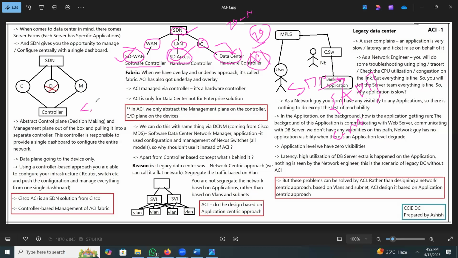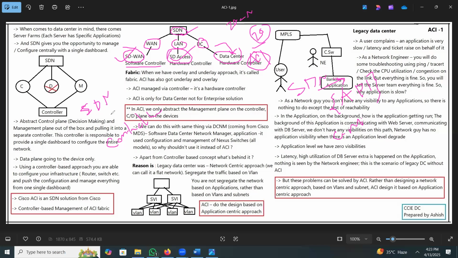So what is actually SDN technology? SDN technology is actually a controller-based solution. From a controller, you can manage your network, you can configure everything, okay, from a central dashboard.